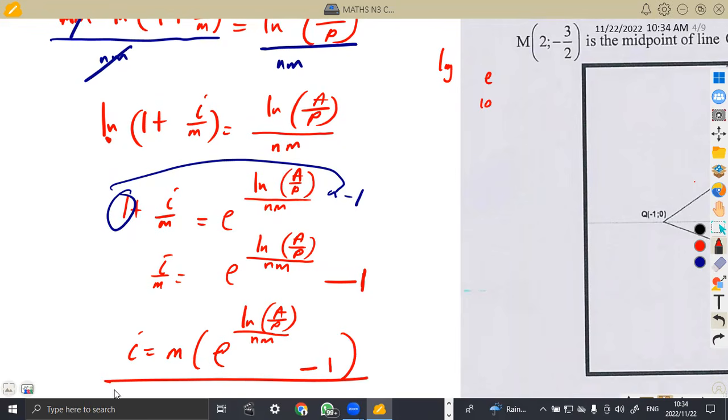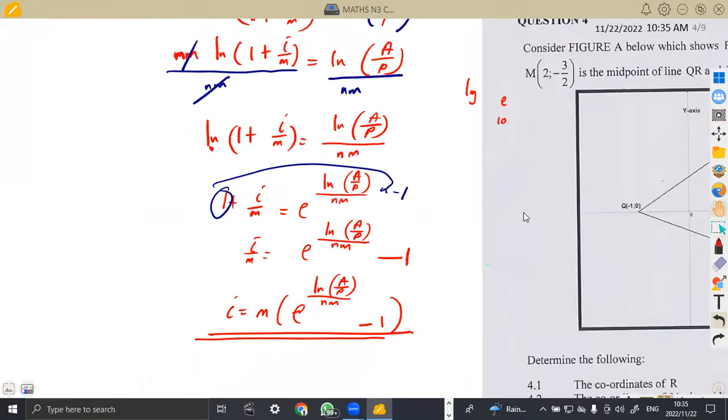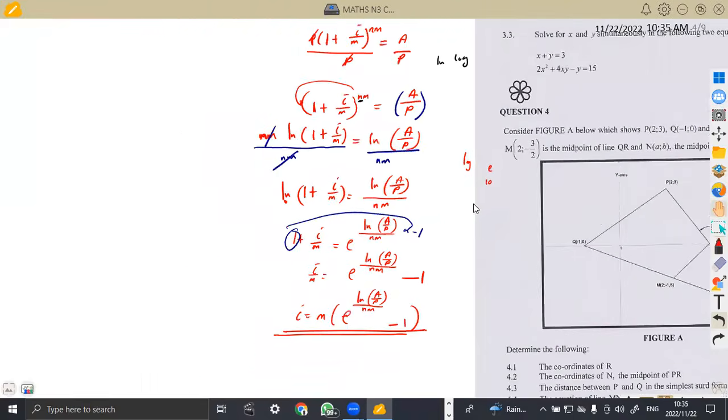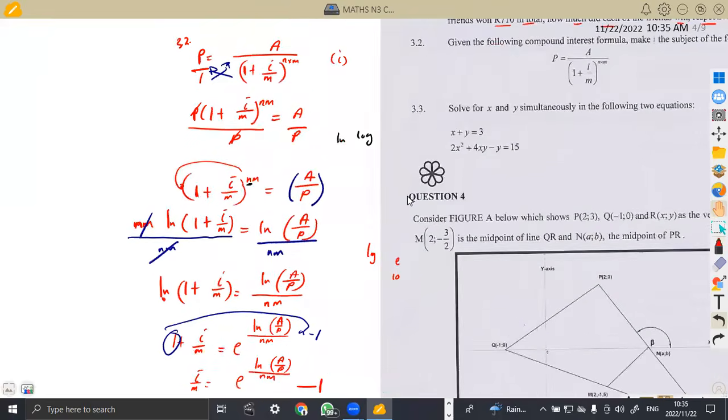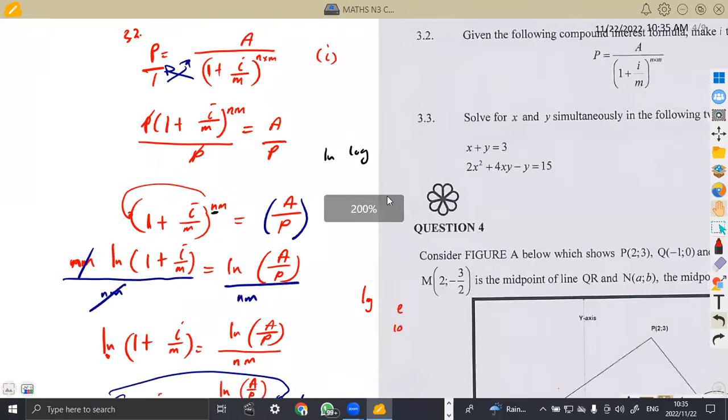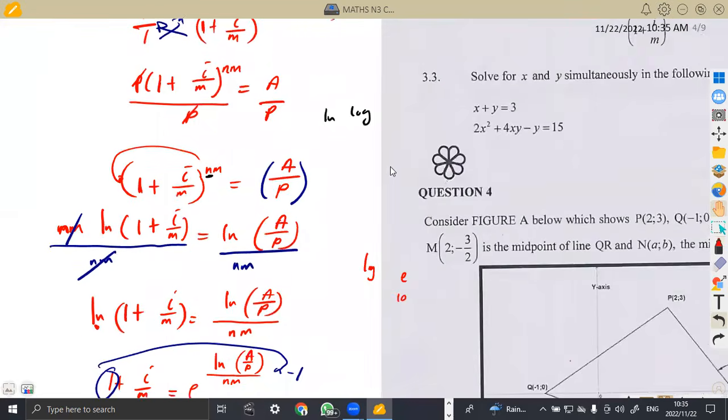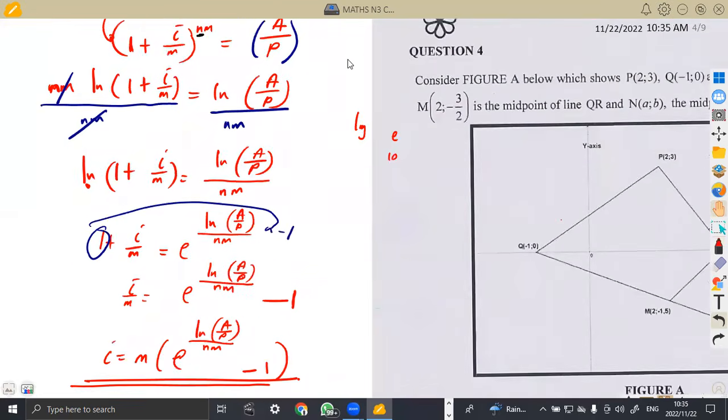We have made i the subject of the formula. It depends on the way or the step, but each and every step has to be valid. That is what is important if you are working with a change of subject, either with ln or with log. I don't know which one is best for you, but these were the steps that were necessary for you to obtain the full marks.